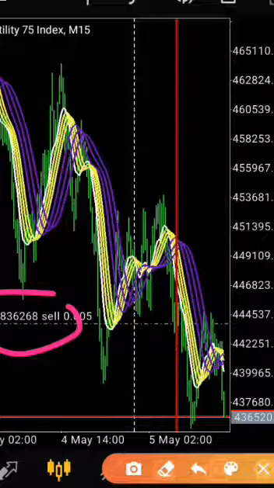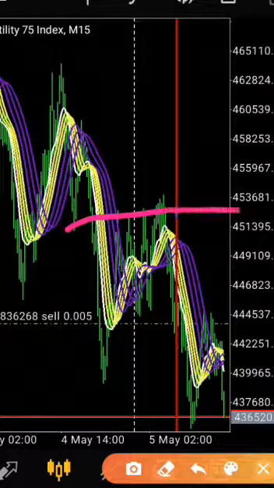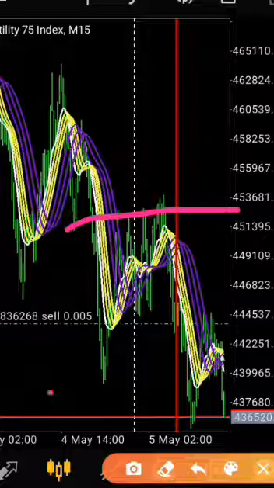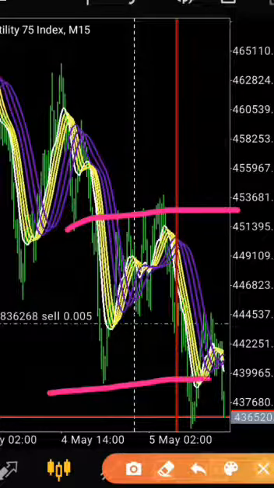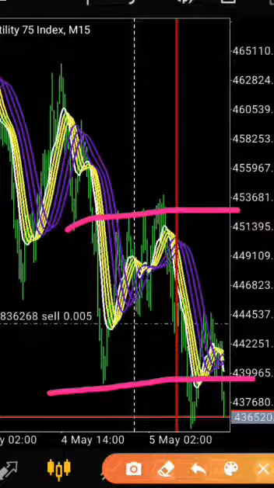This red line over here was where the market was when we took this trade. We drew this channel over here, and we were saying that we are expecting the market to go and pass this channel, that level over there.